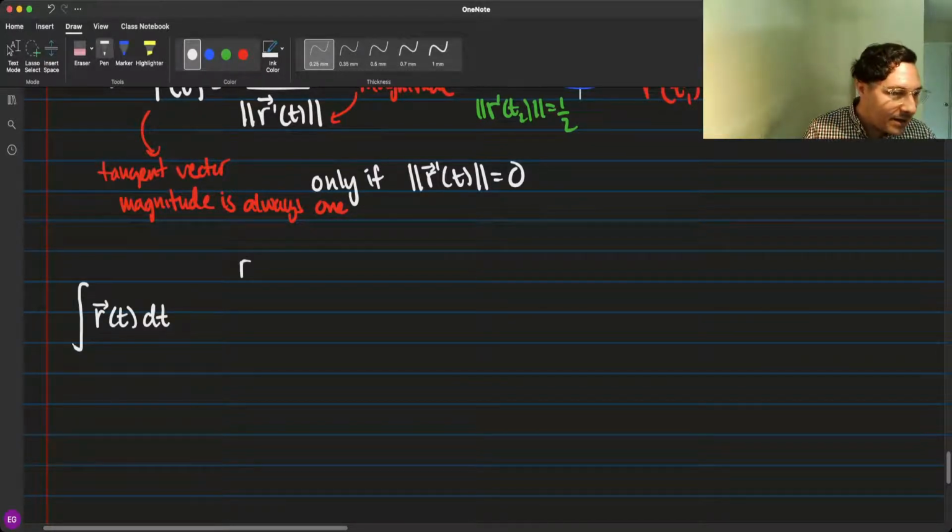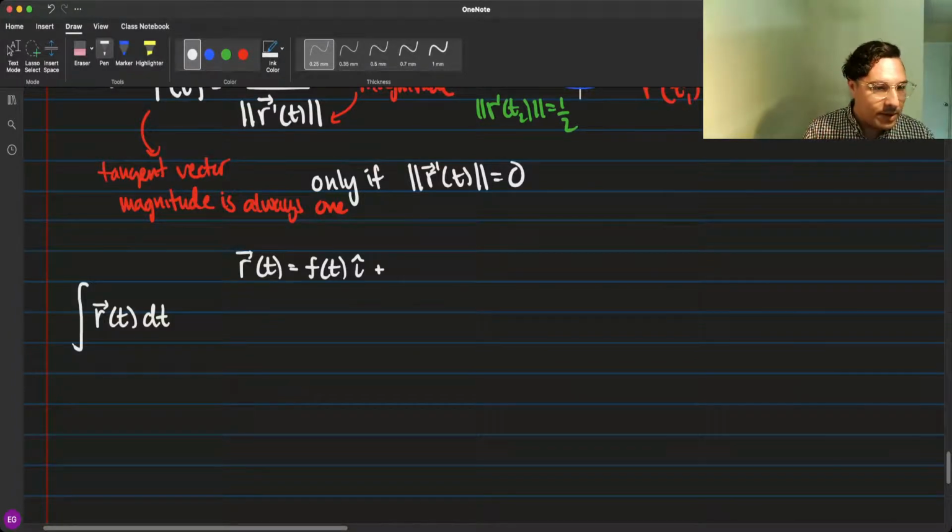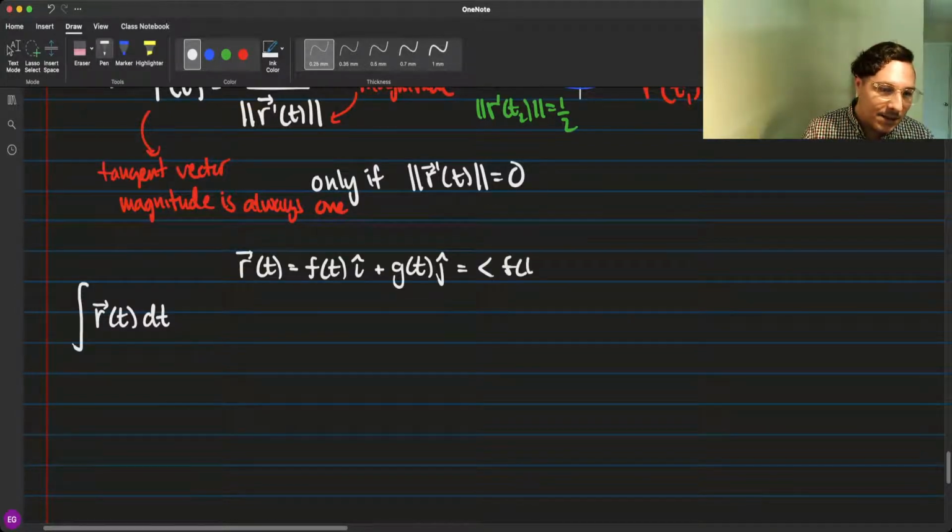So let's say that r of t is a vector valued function. Let's say that's a plane curve. So the x component will be f of t, and the y component will be g of t. So in component form, you would write this as f of t, g of t.